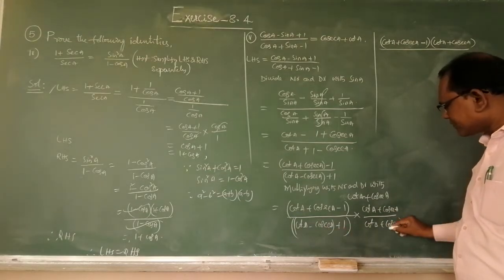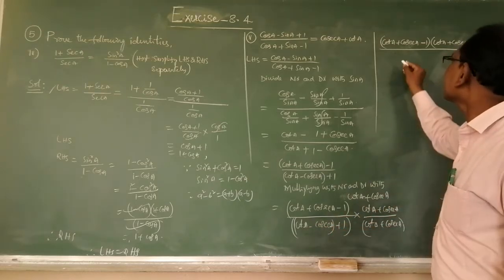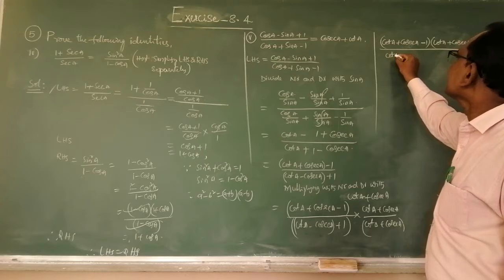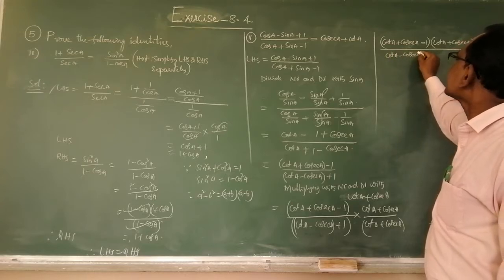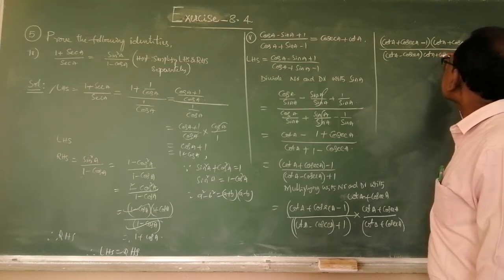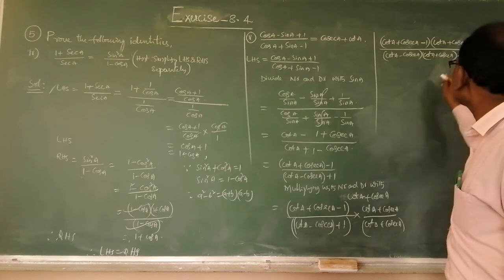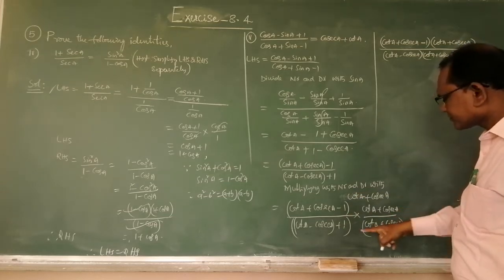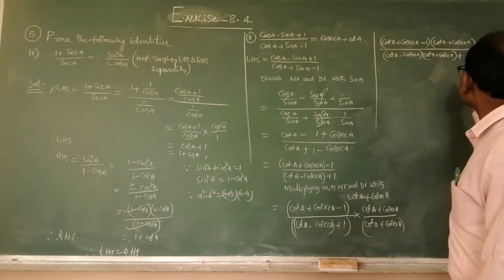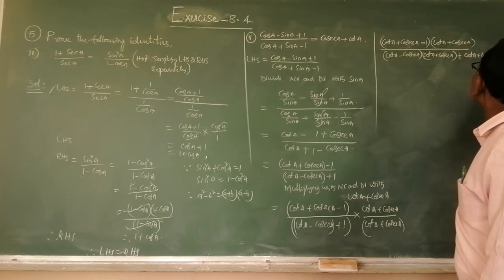Therefore, cot A minus cosecant A into cot A plus cosecant A, plus 1 into cot A plus cosecant A.